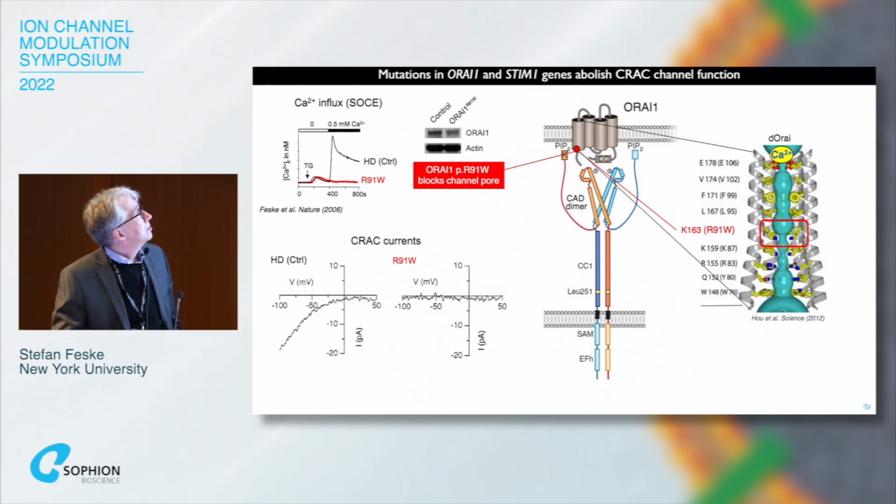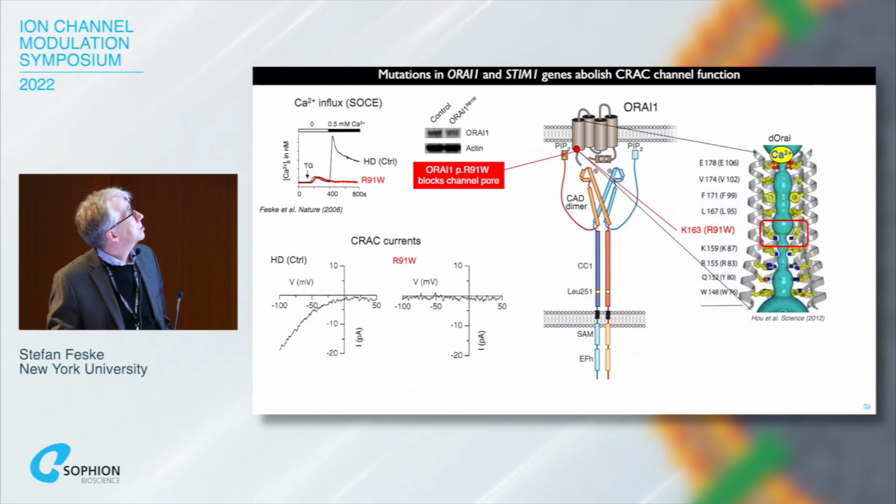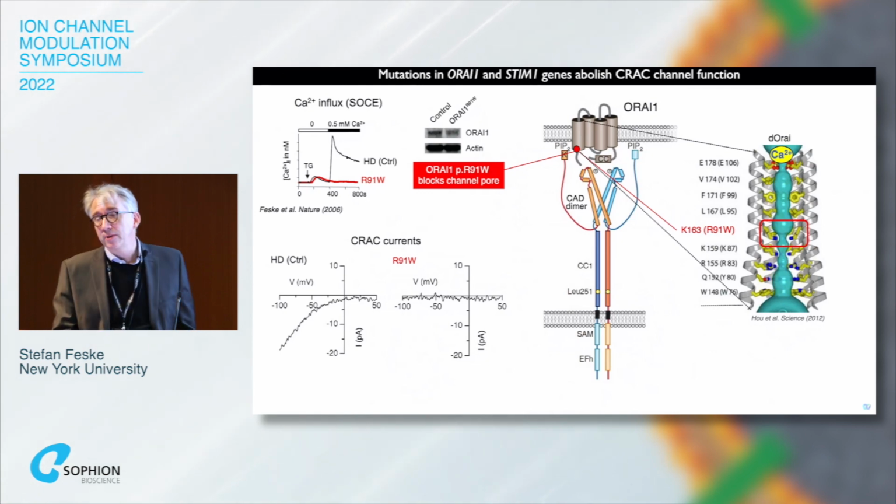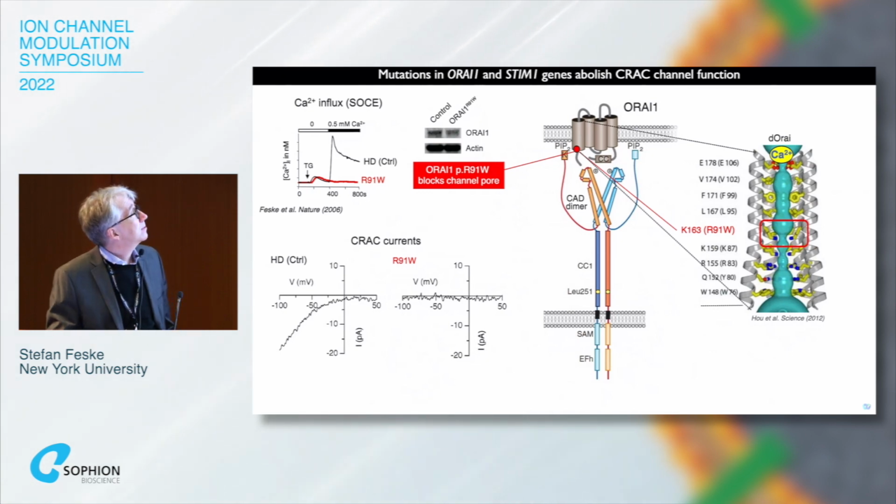So we then used positional cloning in patients, a large family that had this phenotype, to then find a mutation in a then unknown gene called Orai, which we named Orai1. And this mutation is in arginine 91 that is mutated to tryptophan, and this tryptophan blocks this already very narrow pore and prevents calcium influx and CRAC channel currents.